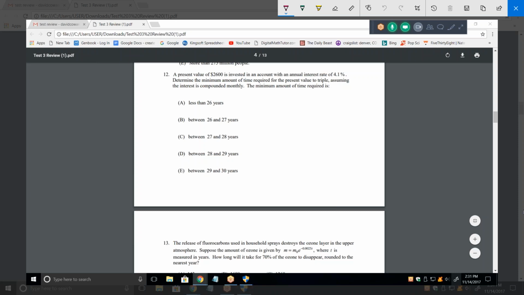All right. These kind of problems, you always want the general equation. The general equation is based on that right there. You have three general equations. Let's go over all three of them, just for a review. The first one is annual compounding.